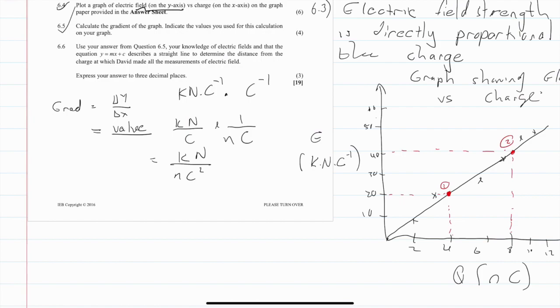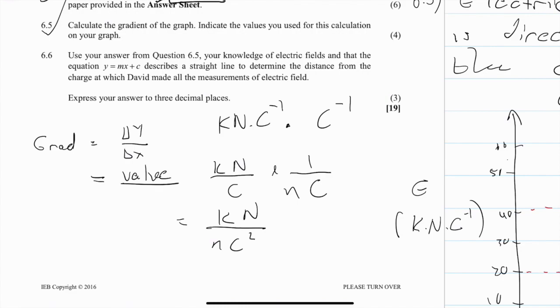Okay, then it says use your answer from question 6.5, your knowledge of electric fields and that the equation y equals mx plus c describes a straight line, to determine the distance from the charge at which David made all the measurements of the electric field.